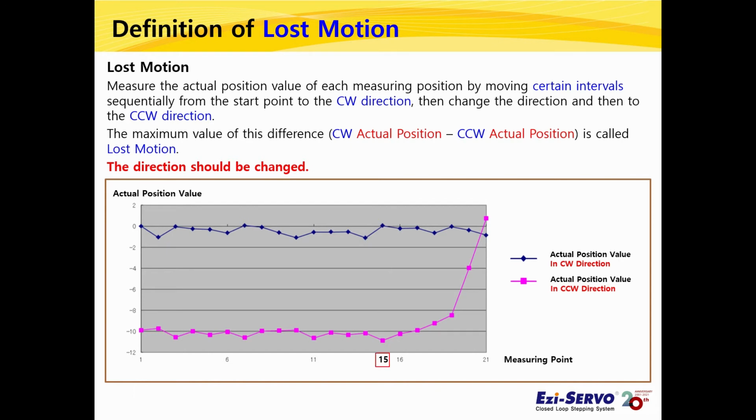Now, please look at the 15th measuring point. For the clockwise movement, the actual position is 0.1, and for the counterclockwise movement, the actual position is -11. The lost motion is calculated by subtracting counterclockwise actual position from clockwise actual position, which is 0.1 minus -11, that is 11.1.